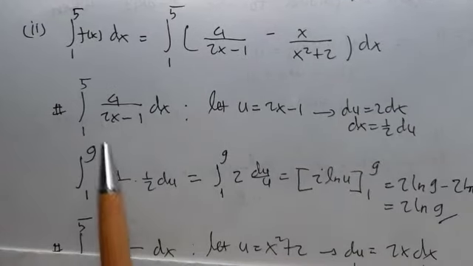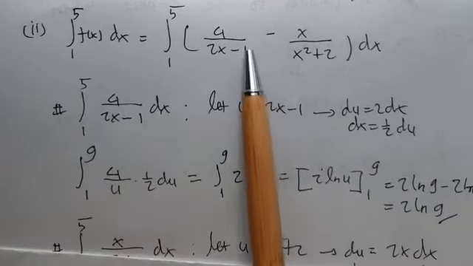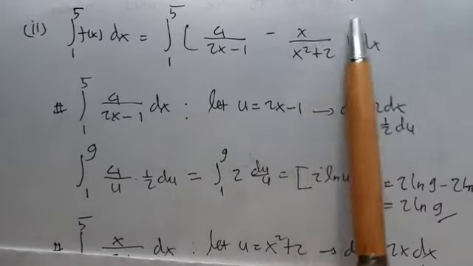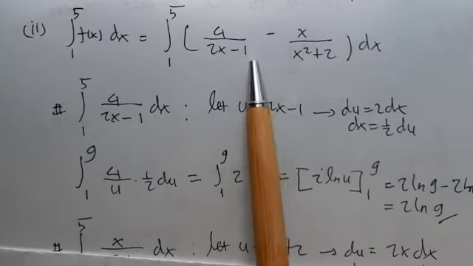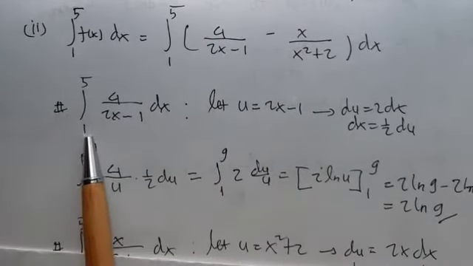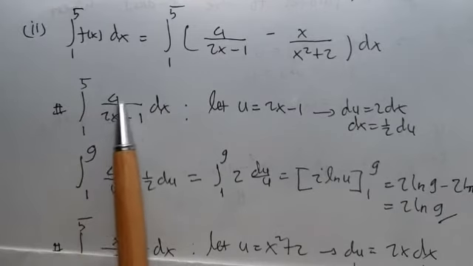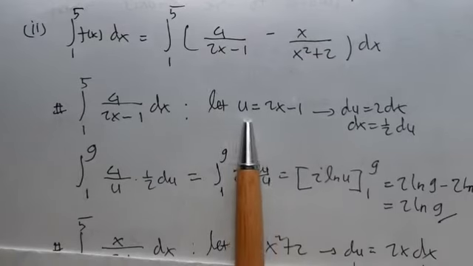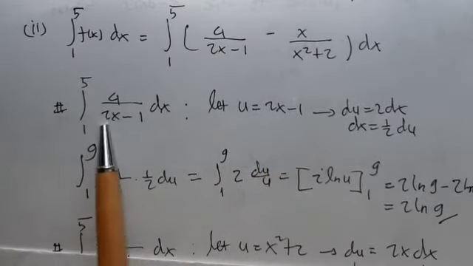Now first I want to calculate this integral, and also this integral. First I calculate the value of the integral from 1 to 5 of 4 over (2x minus 1) dx. Let u = 2x minus 1.